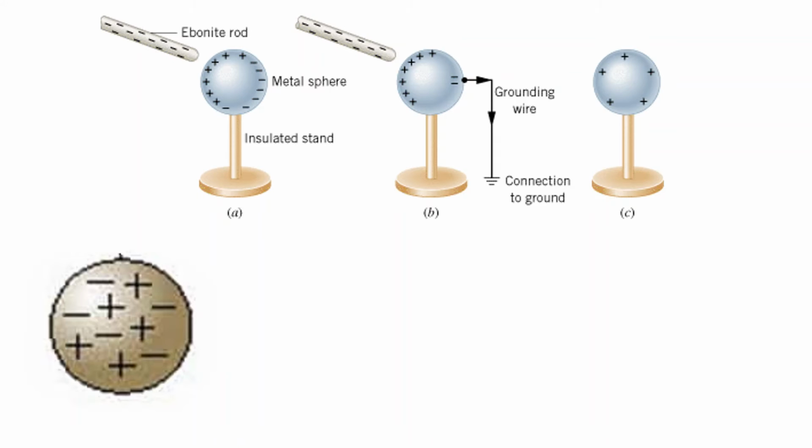However, if you bring that ebonite rod very close to that uncharged metal sphere, the electrons will move to the other side because they are being repelled, and the positive metal ions move slightly closer towards the negatively charged rod, because the metal ions are more or less stuck in place. It is only the delocalized electrons that are able to move. So it is the delocalized electrons that are moving towards the right, and the metal ions moving a bit towards the left.